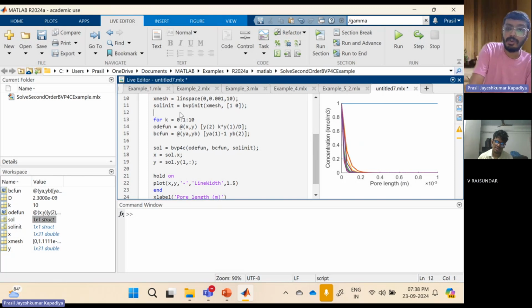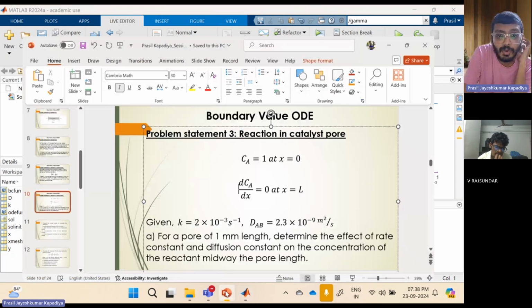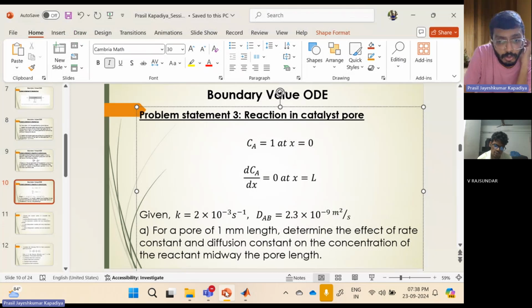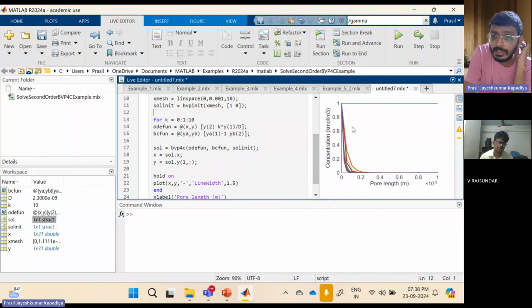Okay, when my value was k is equal to 0.002, we were getting a curve like this, correct? But as I increase my rate constant in the range from 1 to 10, what is happening? After some point in pore length, it is becoming constant.